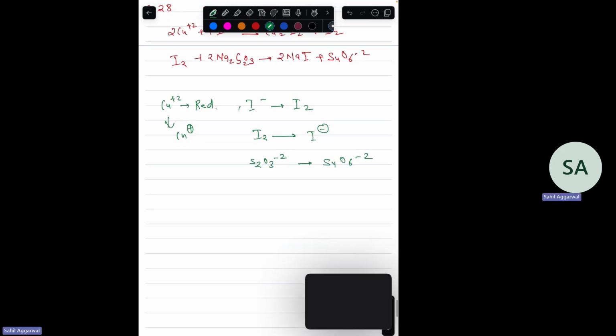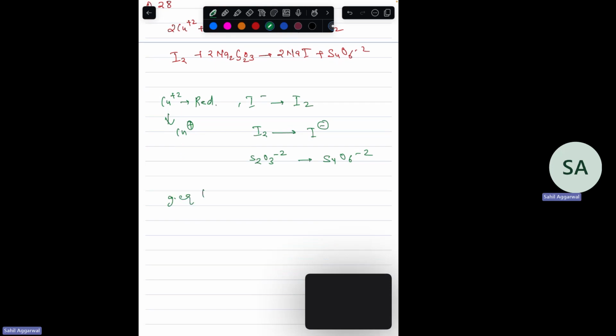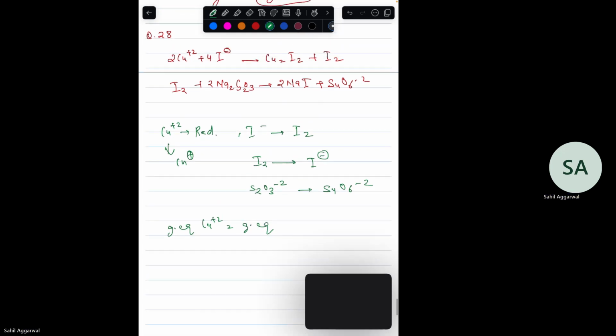So basically, gram equivalent of Cu2 plus would be same as gram equivalent of I2.